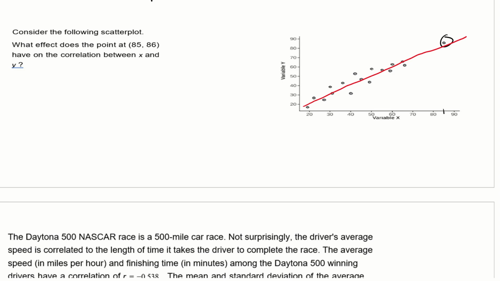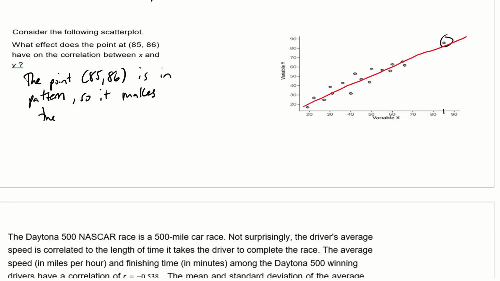It's making it really strong. So the point (85, 86) is in the pattern, so it makes the correlation stronger.